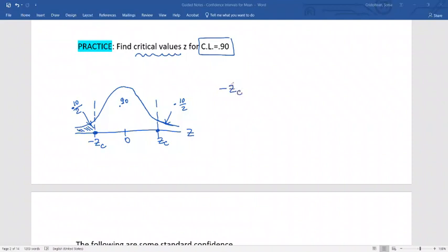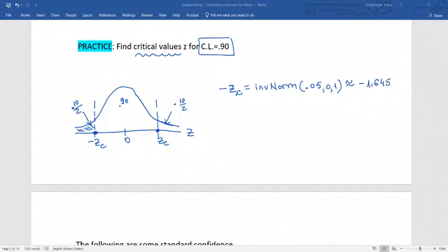I use the notation ZC instead of alpha over 2, just because it's easier to write it down. And this will be inverse norm of 0.05, 0, 1. And if you use the calculator, you will find the value of negative 1.645.